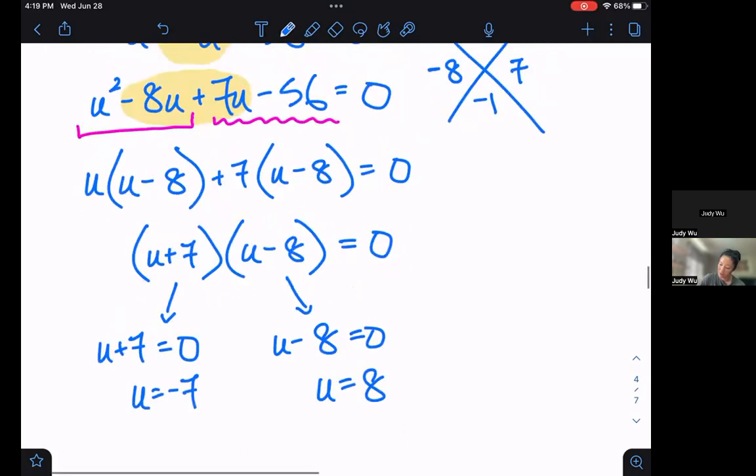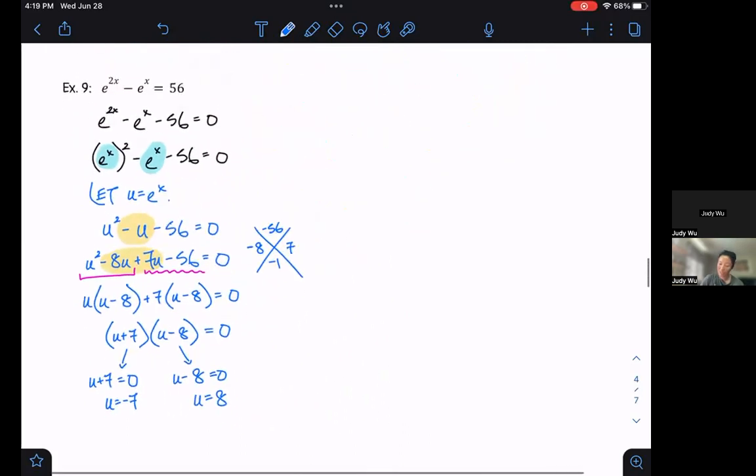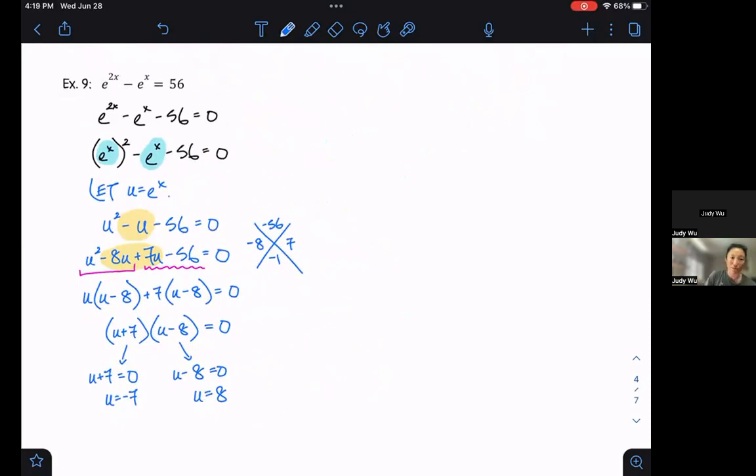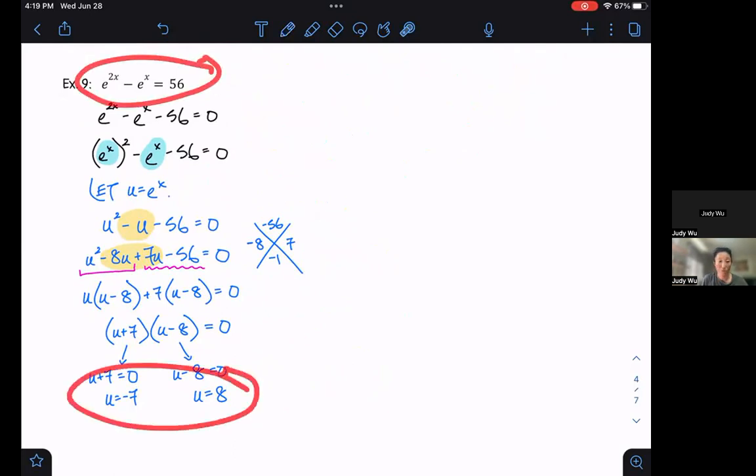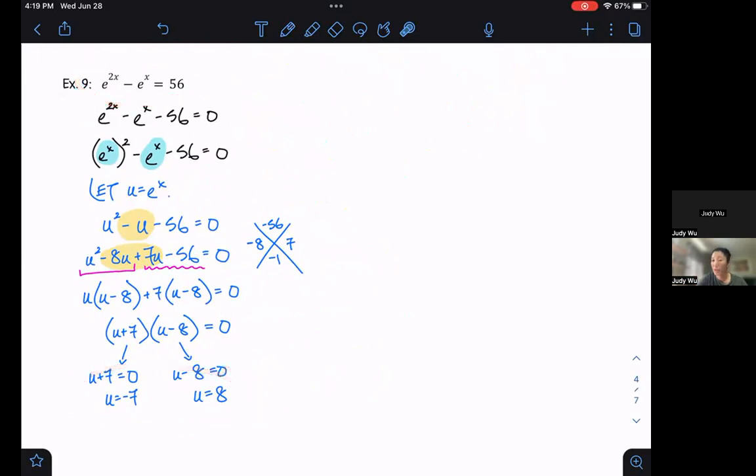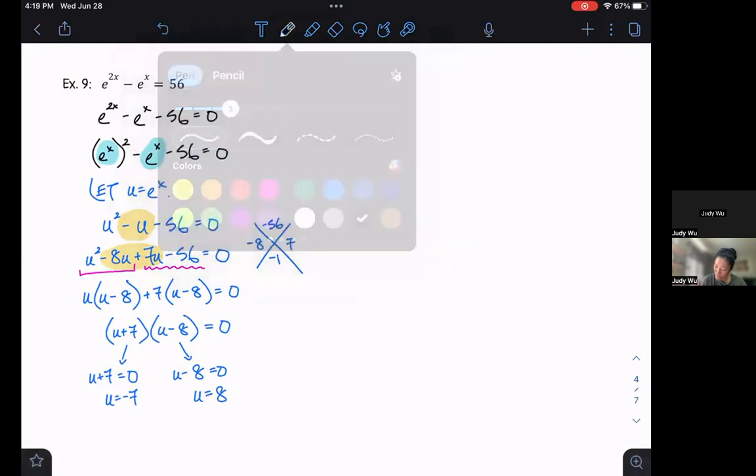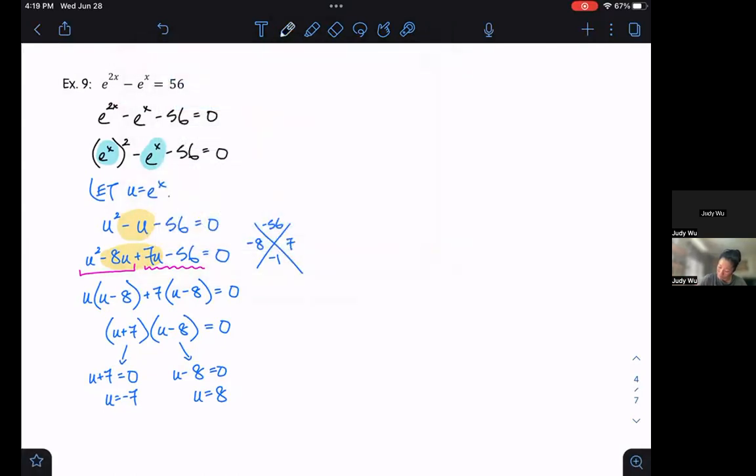All right. But before we get too excited and we box off those as our answers, keep in mind that our question is given to us with x's, not with u's. So in order to answer the question, we need to find x. All right. So I'm going to switch back to the black marker. I'm going to take what we got here, and we're going to put it back into this equation.